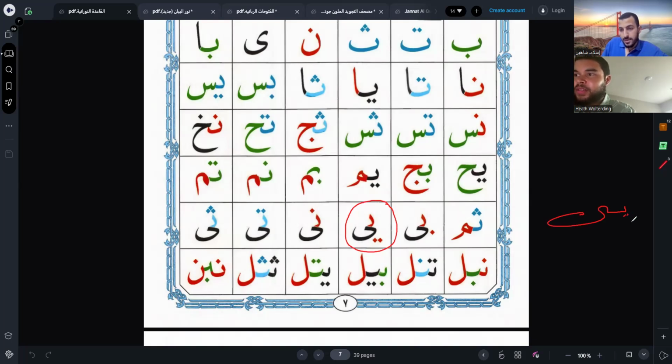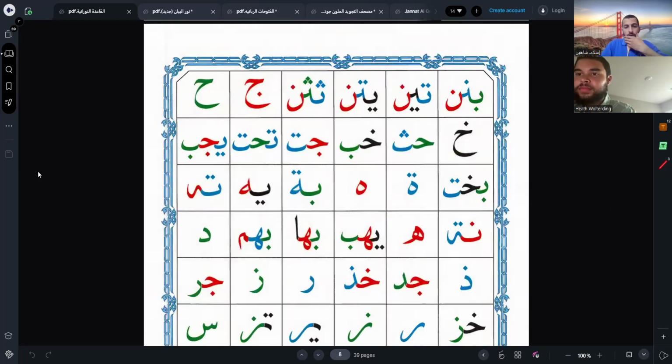We have also ya and ya, or the same shape that we have here, with ya after. And we also mentioned that last time. So the same, of course, for ba, ya, noon, ya, ta, ya, tha, ya. We may have the same shapes too.